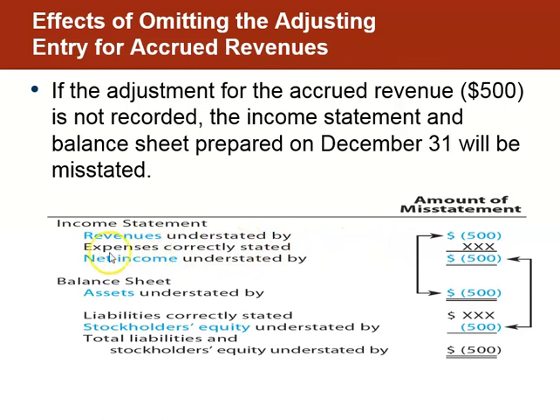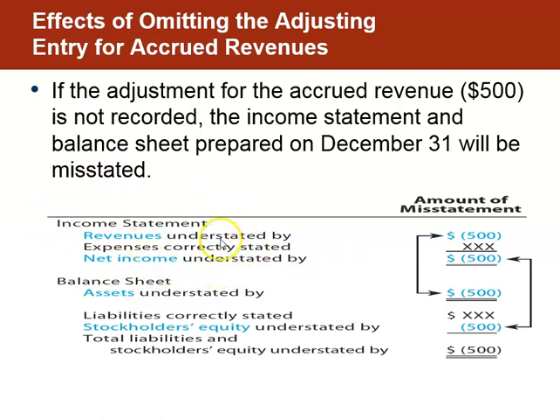Now we're going to make the assumption that all of our expenses are correctly stated, okay? So net income is therefore understated by $500. Why? Because the expenses are being subtracted from a number that is too small. If the revenues are $50,000, they should have been $50,500. If they're $50 million, they should have been $50,500. Okay? So net income is going to be understated.